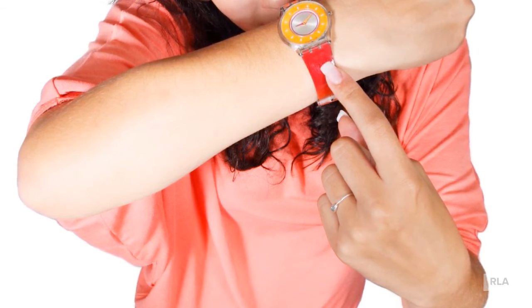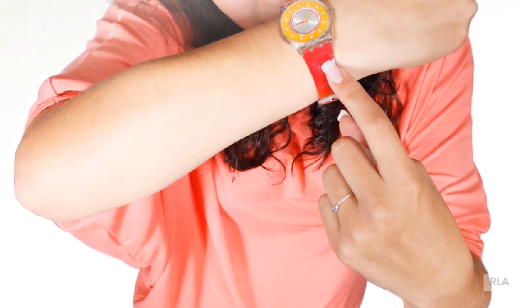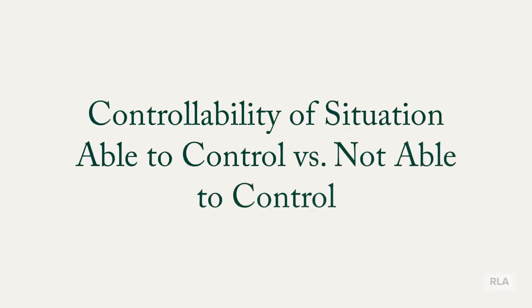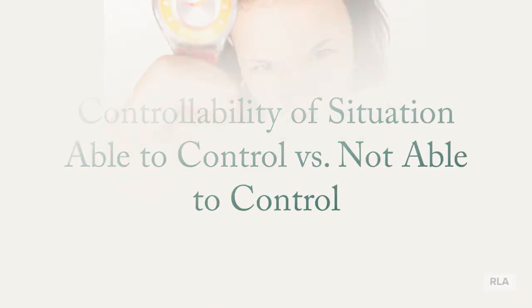If it's really unusual for me to be late, it's more likely that you see it as a one-time event. The final factor is controllability, and that's how much control you think I had over the situation. So for example, in our discussion about me being late, if it's because of a wreck, that really wasn't in my control. But if it's because I overslept, bad on you, Professor Bernhardt.